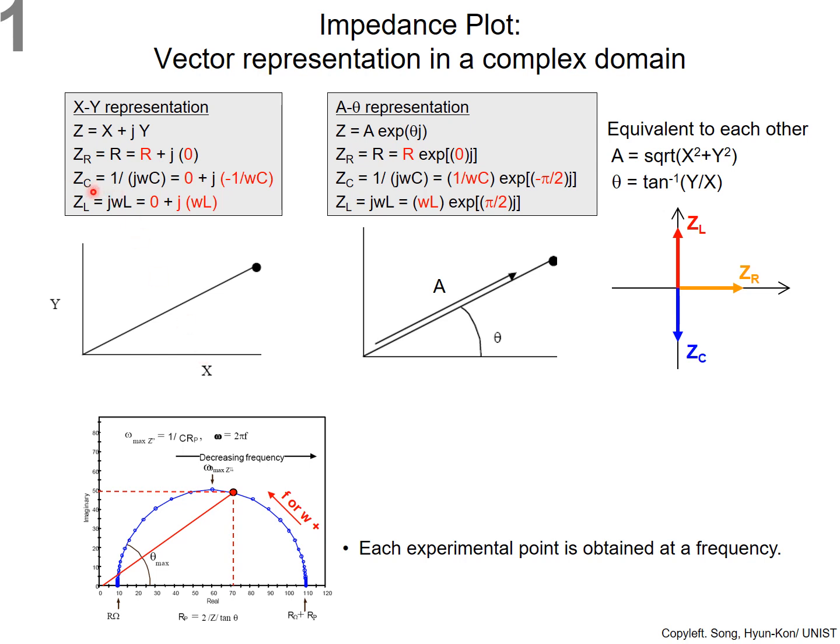The impedance of a capacitor is equal to 1 over j omega C, which is 0 plus j times minus 1 over omega C. So you could find the impedance of a pure capacitor on the y-axis, and its value is always negative.